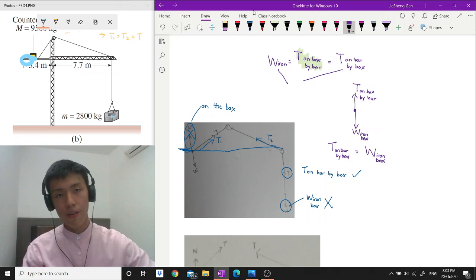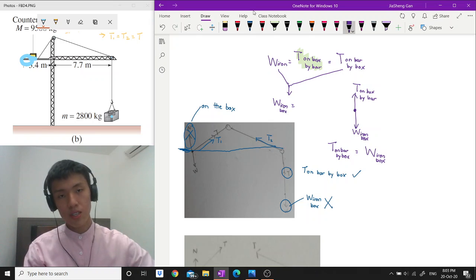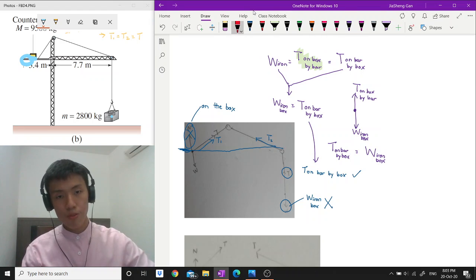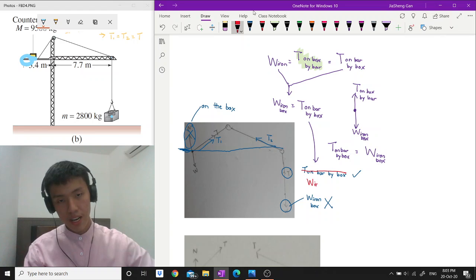therefore, the weight of the iron box is equal to the tension exerted on the bar by the box. So this thing is here, so we can remove this and change it to weight of the iron box.